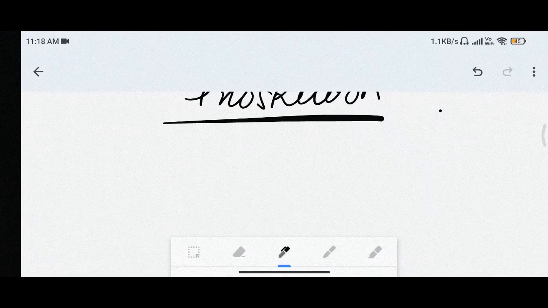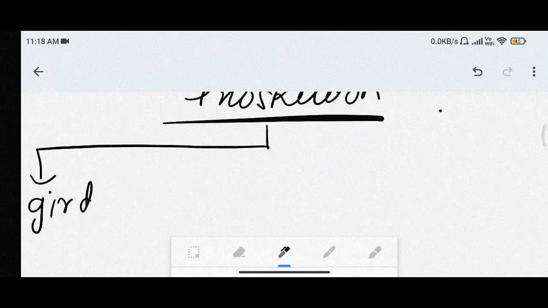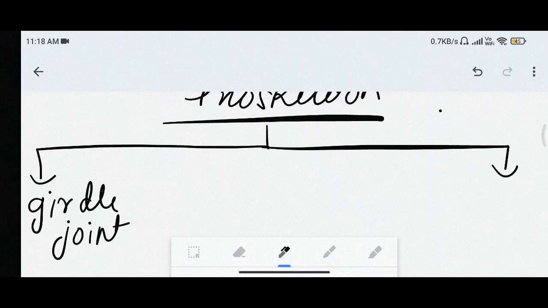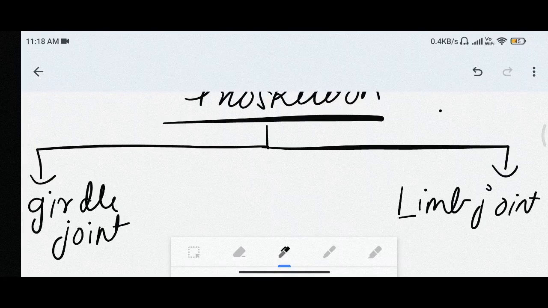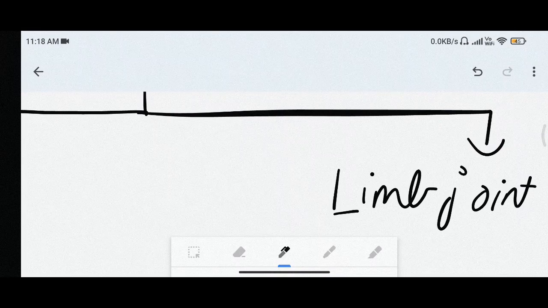It is broadly divided into two parts, that is your girdle joint and the other is your limb joint. Limb joint, or you can say bone also. I am writing here slash bone.